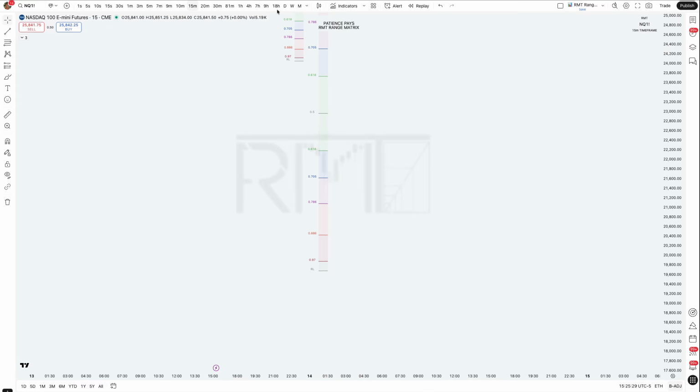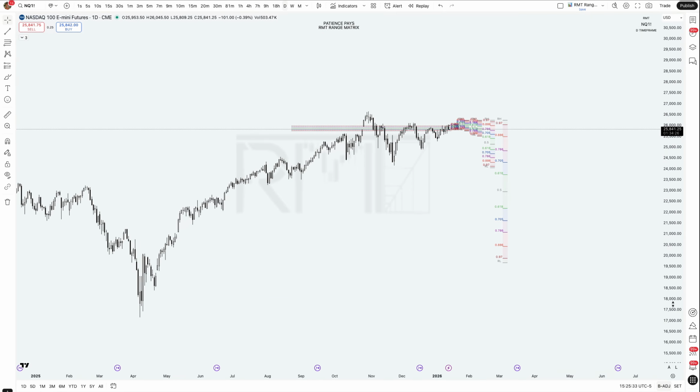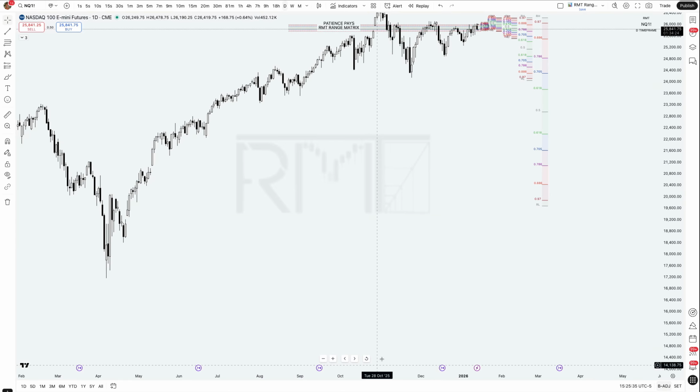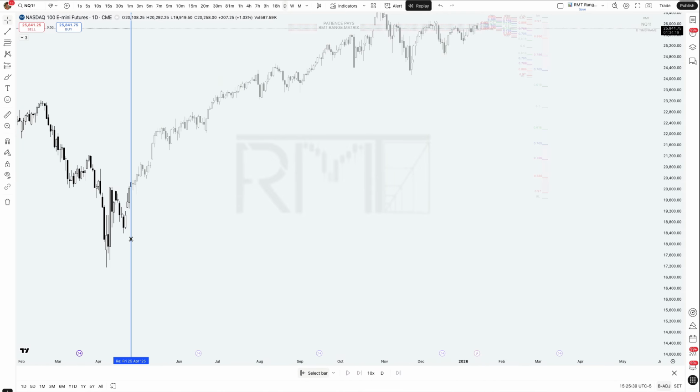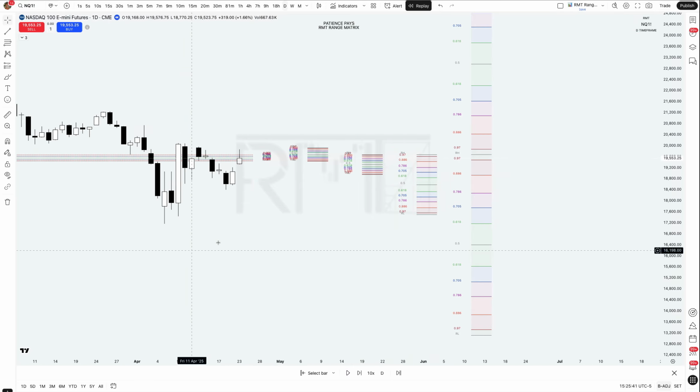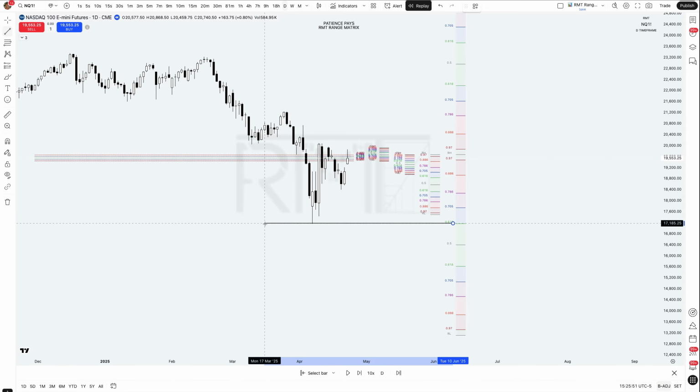So if I go to the higher time frame on the daily, and here I use the replay, the bigger range on the downside: every time price is breaking a range, we're going to move to 50%, the first level above or below. First level above, that's here.